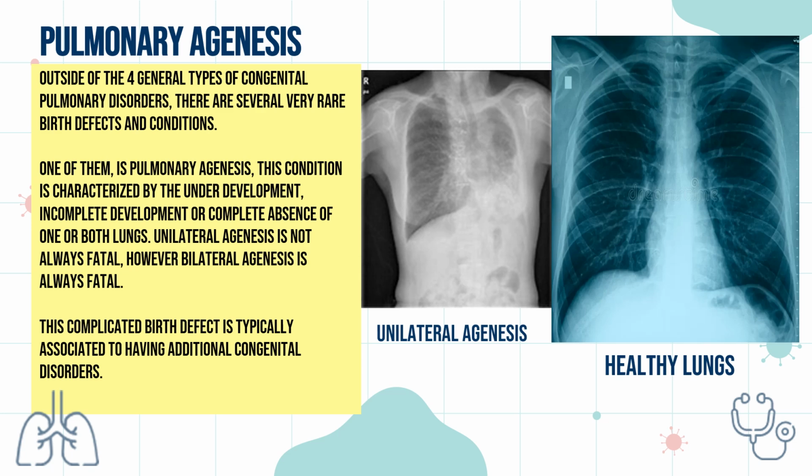However, it causes a lot of stress and strain on their body, and later in life, it is typical that they will have significant other issues. This birth defect, in the few cases, has always been associated with having additional congenital disorders. Not just lung congenital disorders, but other bodily congenital disorders.